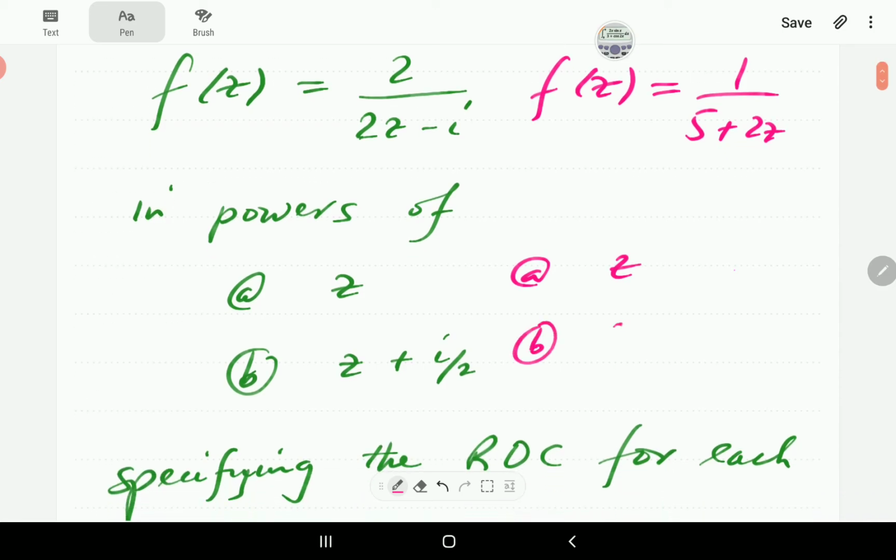In the second instance, you're going to find the Taylor series of this in powers of z minus 1/2. So pretty similar to what we just did. So if you just want to pause the video, work through this, and then when you continue the video, you can compare with our solutions.